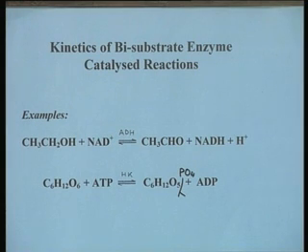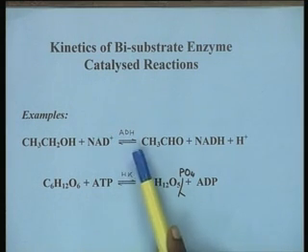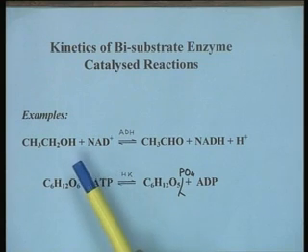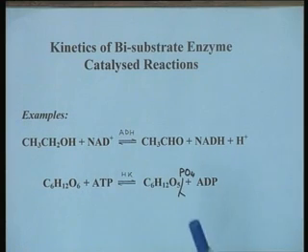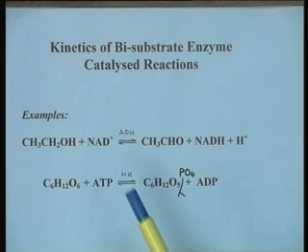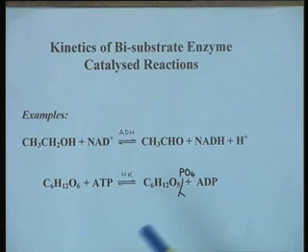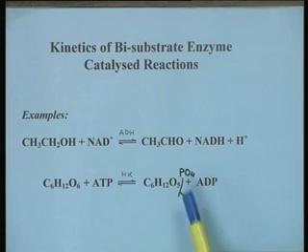Now, two of the examples which I have chosen here are alcohol dehydrogenase, which oxidizes ethanol to acetaldehyde involving a coenzyme NAD, and hexokinase catalyzed phosphorylation of glucose or any other hexose to the corresponding phosphorylated sugar.